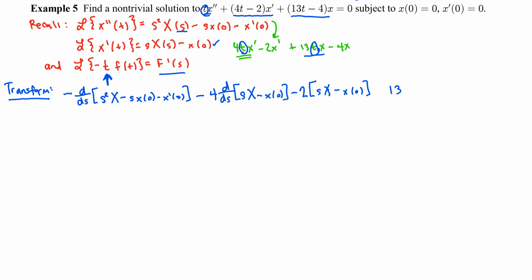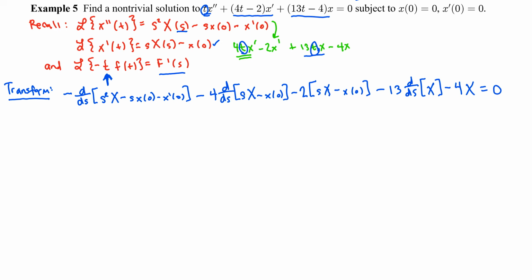So we'll have to filter that negative to this side. And remember, when we multiply by t, that means I need the first derivative of the transform. The transform of little x of s is big X of s. Minus 4 times the Laplace transform of x, which is just big X. And on the other side, the Laplace transform of 0 is 0.